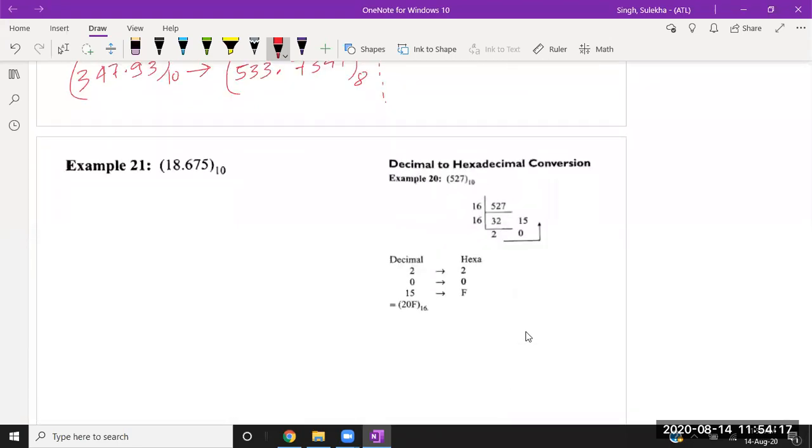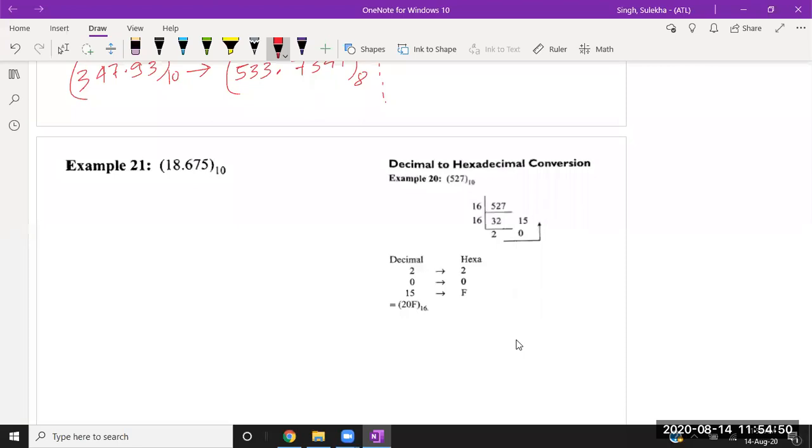Okay. So the next example is very similar to our previous example. Only one change is there. In this part, we need to convert our decimal number into a hexadecimal number. All the steps are the same. Whenever you are converting your decimal number system into any base, I'm not saying only hexadecimal or octal, even if you convert into base 9 or base 7 or base 11, this is a standard method.